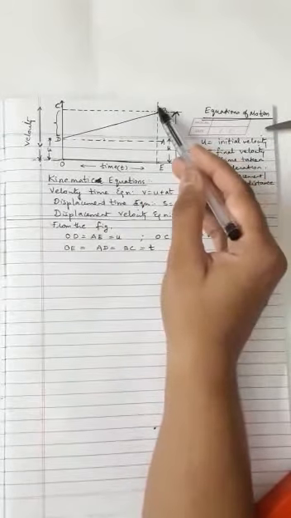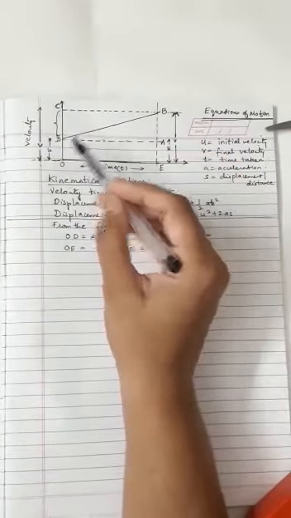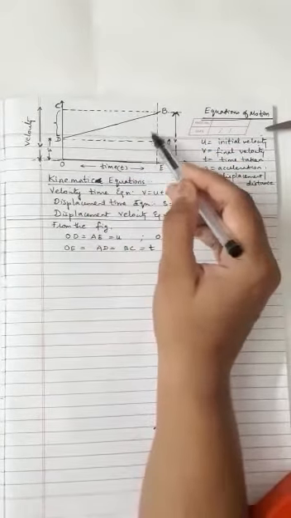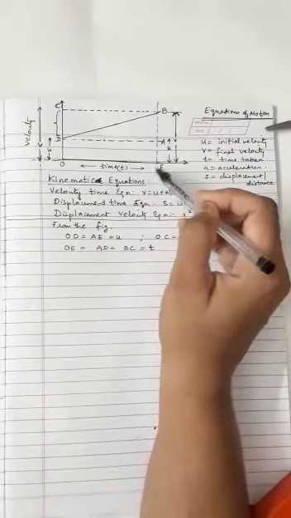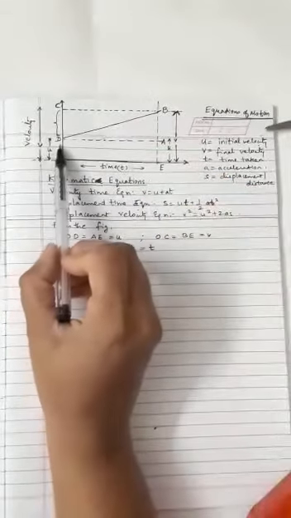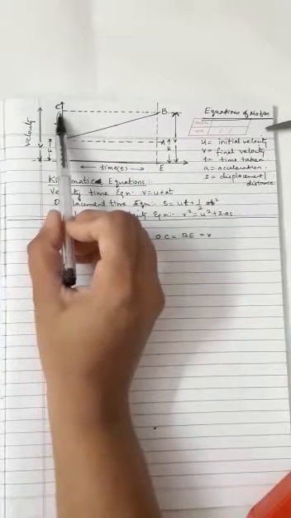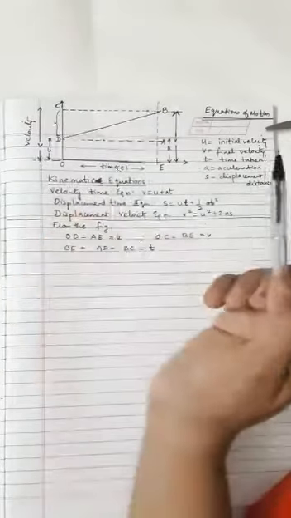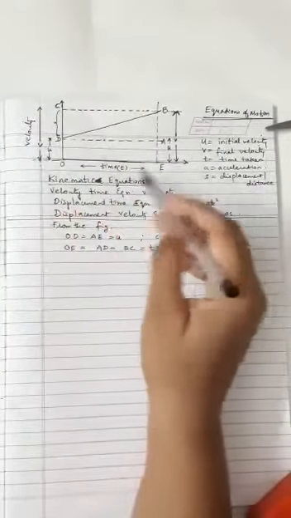This is the line which is parallel to the y-axis, and these two lines are parallel to the x-axis, one passing through point D and one passing through point C. So this is all about the graph.